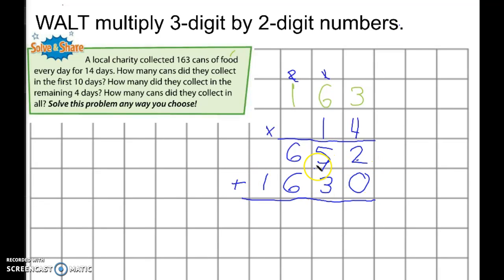They're lined up because I'm using graph paper, which is really helpful. So 2 plus 0 is 2. 5 plus 3 is 8. 6 plus 6 is 12. I have a 1. So I have 2,282 as my product. And that would be cans as my unit.